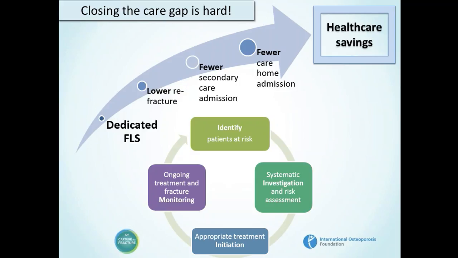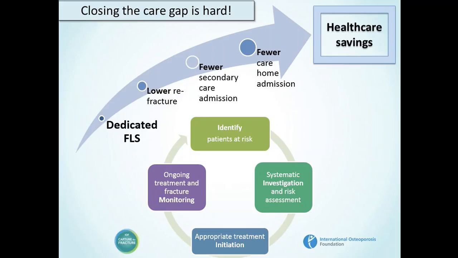And here we also again see many difficulties today where patients are not continuing to take their medication even if they've had a prescription. So in order to work on this, we have the dedicated fracture liaison service person, the coordinator. We know that if this is done very well, we get lower refracture rates, we get probably fewer secondary care admissions, and we get fewer care home admissions.